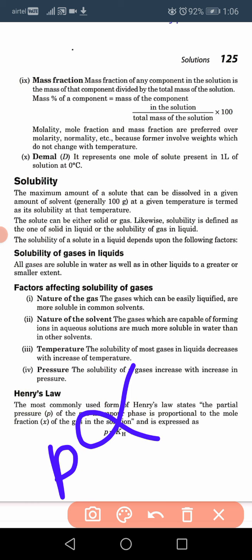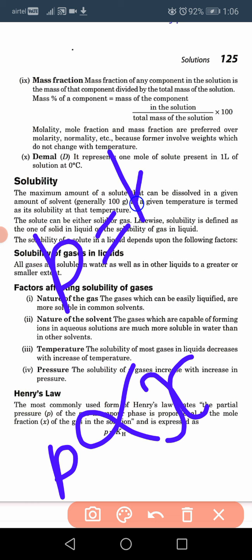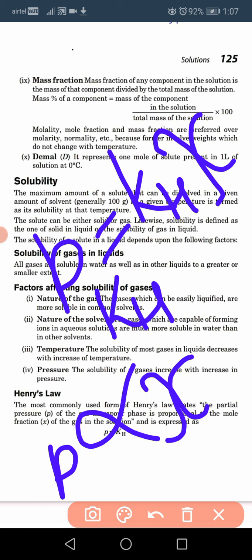So pressure is directly proportional to the amount of gas, and here the amount of gas is taken as the mole fraction of the gas. If we remove the proportionality sign, then pressure equals kH times chi. Here kH is Henry's constant.